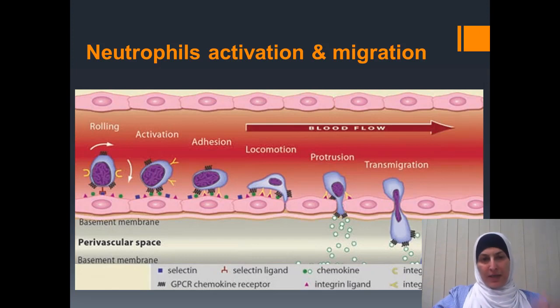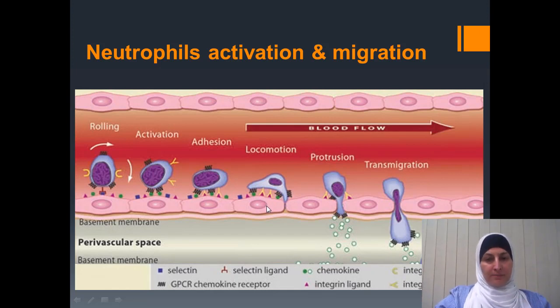And while jumping or coming in contact with these endothelial cells, other interactions would take place. For example, here the selectin, which is one of the adhesion molecules expressed on the endothelial cells, will come in contact with the selectin ligands here. You see here the selectin ligands were not activated, but once it comes in contact with these cytokines, it becomes activated, and now it will bind with the selectins. The selectins will provide sort of a weak interaction between the neutrophil and the endothelial cells, and adhesion would start to take place.